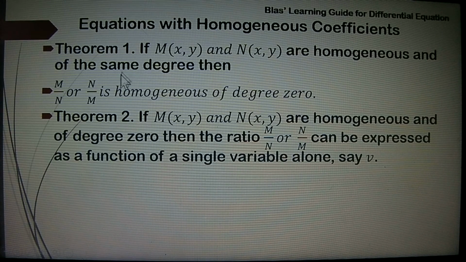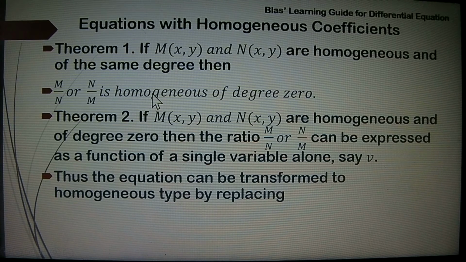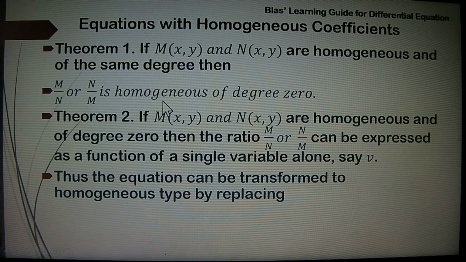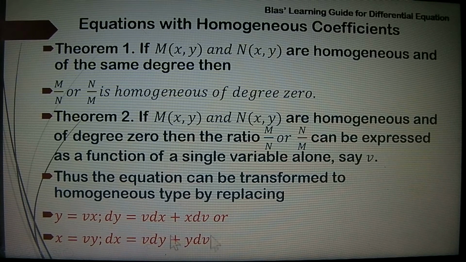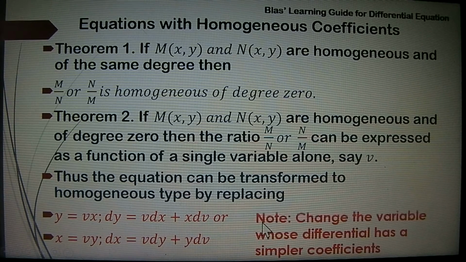If these two theorems apply, we can solve for the general equation, and this will be the variable that we have to get in order to get the general equation.